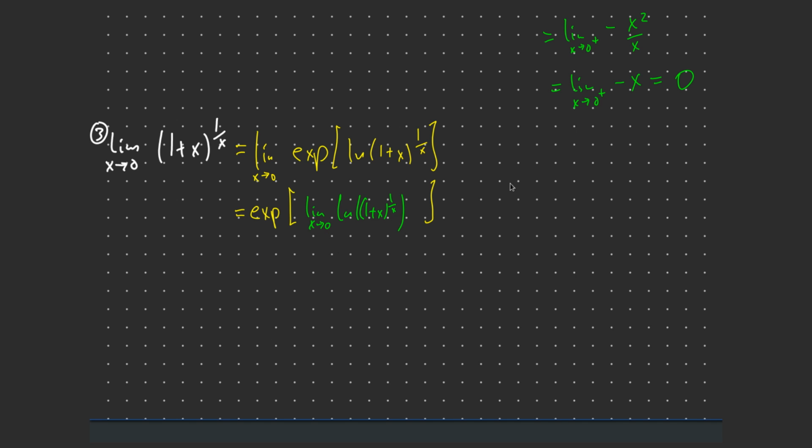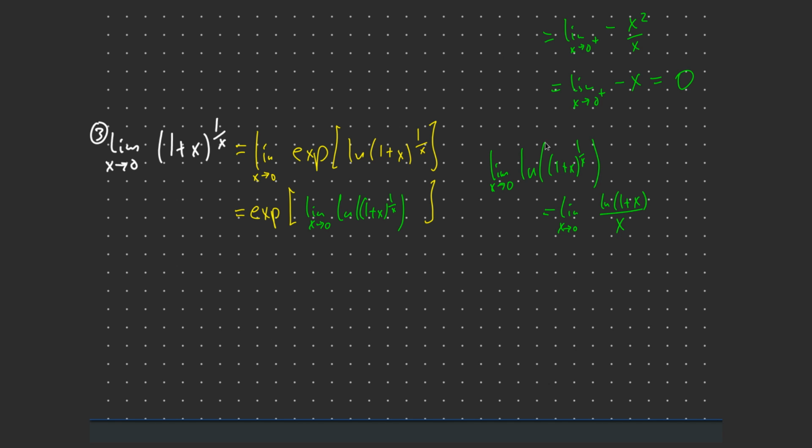And once again, we can, off to the side here, just compute this green limit here. So we have the limit as x goes to 0 of the natural log of 1 plus x to the 1 over x. Okay? And again, we can use our log rules, and this gives us the limit as x goes to 0 of the natural log of 1 plus x divided by x.